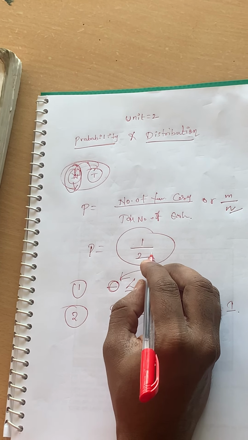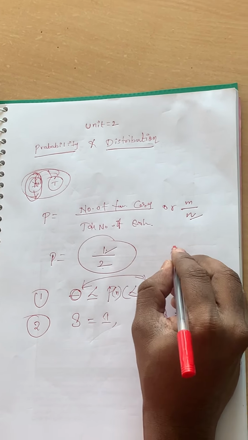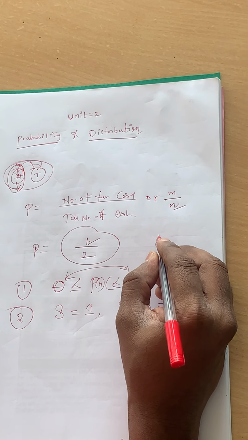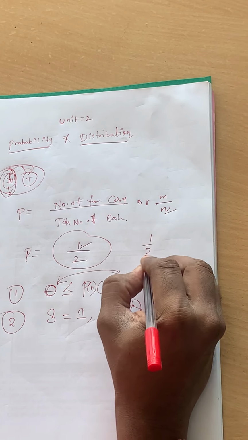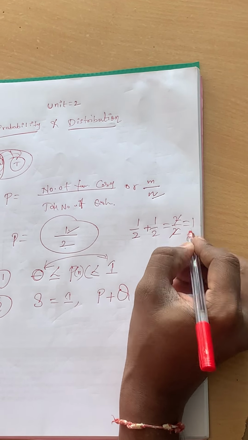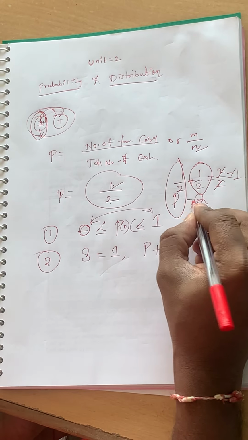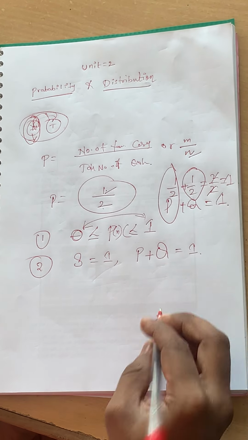Taking the example of coins: probability of success is getting a head, 1 by 2. Similarly probability of failure, getting a tail, is also 1 by 2. Then 1 by 2 plus 1 by 2 equals 2 by 2, that equals 1. That means probability of success plus probability of failure equals 1.